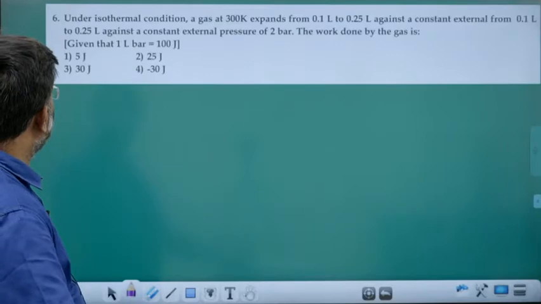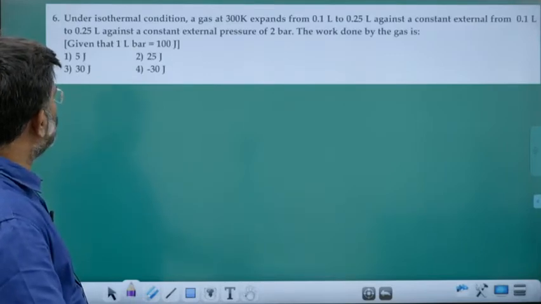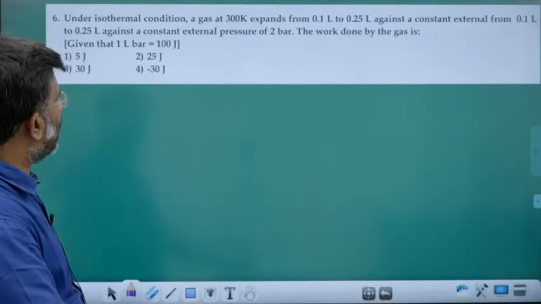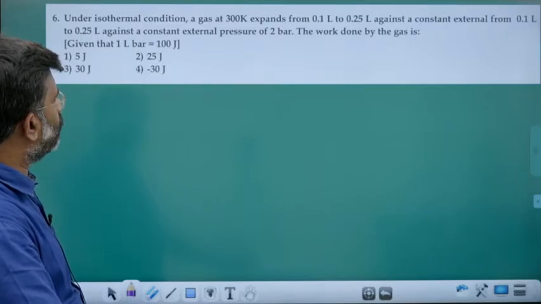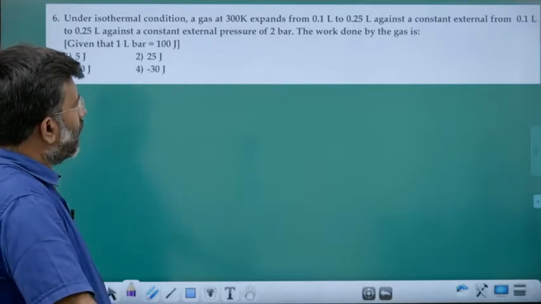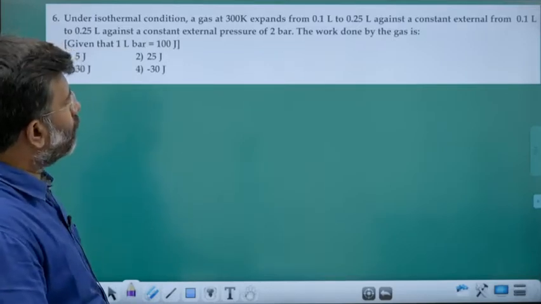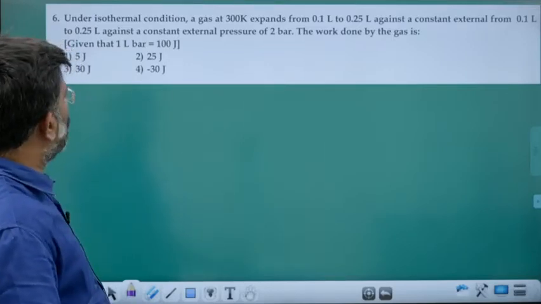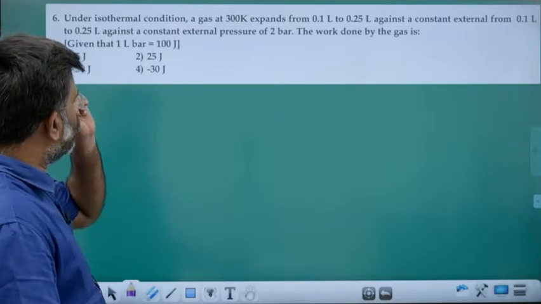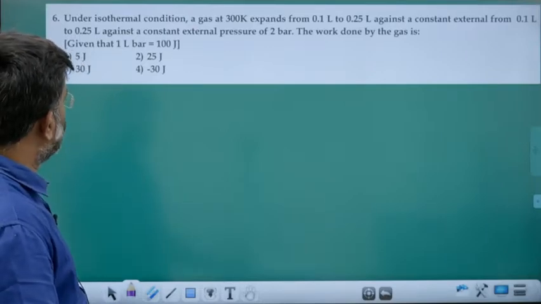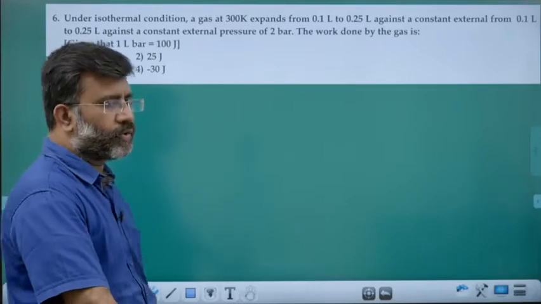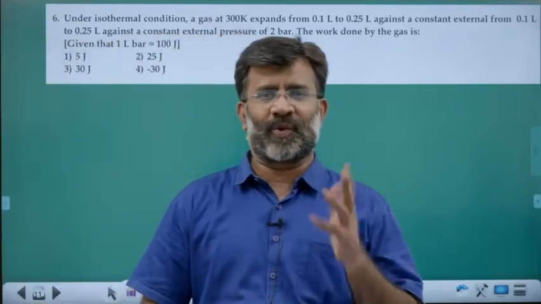Sixth one. Under isothermal conditions, a gas at 300 Kelvin expands from 0.1 liter to 0.25 liter against a constant external pressure of 2 bar. Work done by the gas is? So isothermal work done, you know what is the equation?